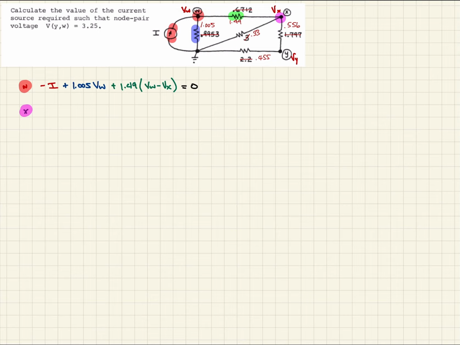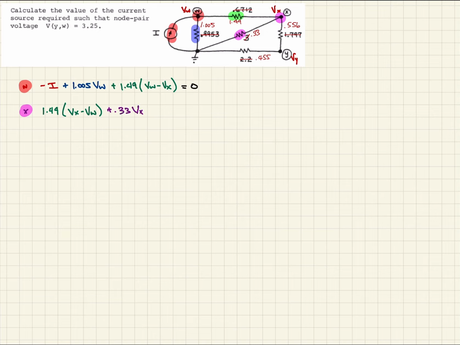That's going to be 1.49, the conductance, times the difference in the voltages, so that's Vx minus Vw. Next, we can take this resistor here. That's just going to ground, so that's just the conductance times the voltage. That'll be 0.33 times Vx.